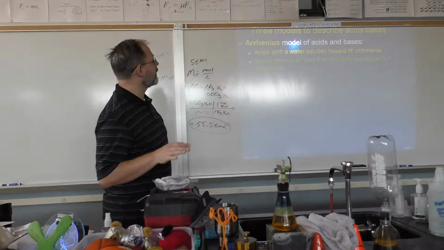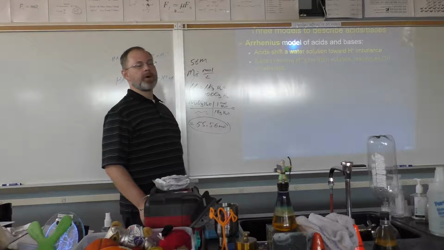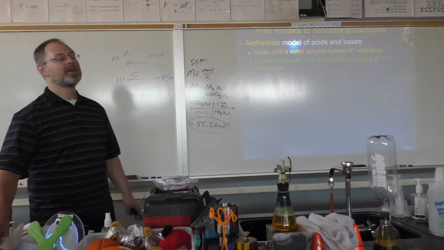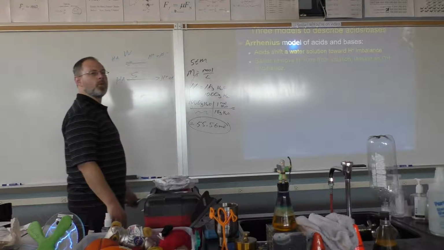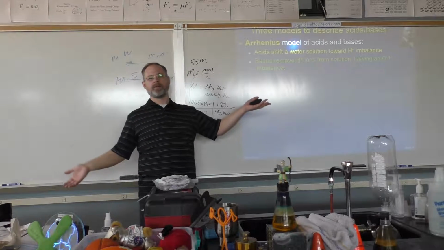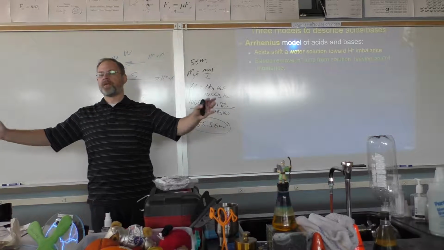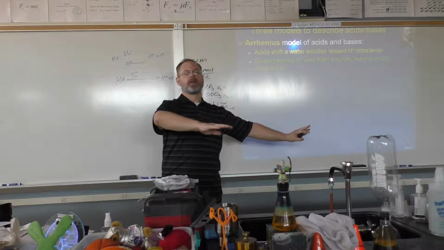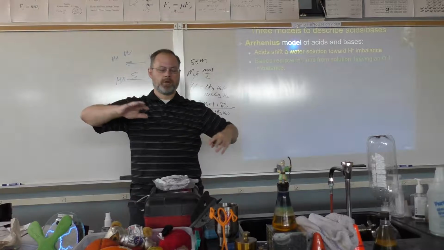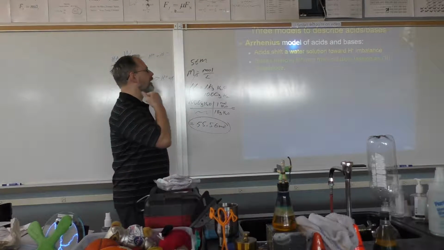Okay, the first one is called the Arrhenius model. And the Arrhenius model is super, super general, super broad, and basically says an acid is anything that shifts the water solution towards H+. Remember the balance of H+ and OH-. An Arrhenius acid is anything that shifts it towards H+. An Arrhenius base is anything that shifts it towards OH-. There's a million different mechanisms that'll do that.